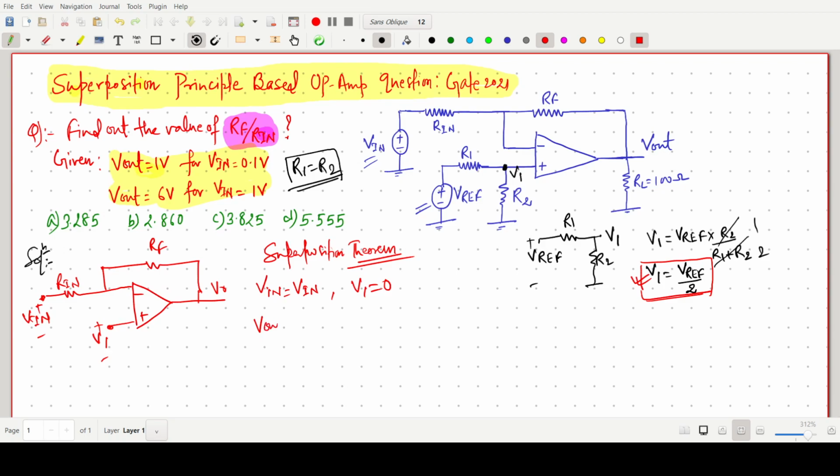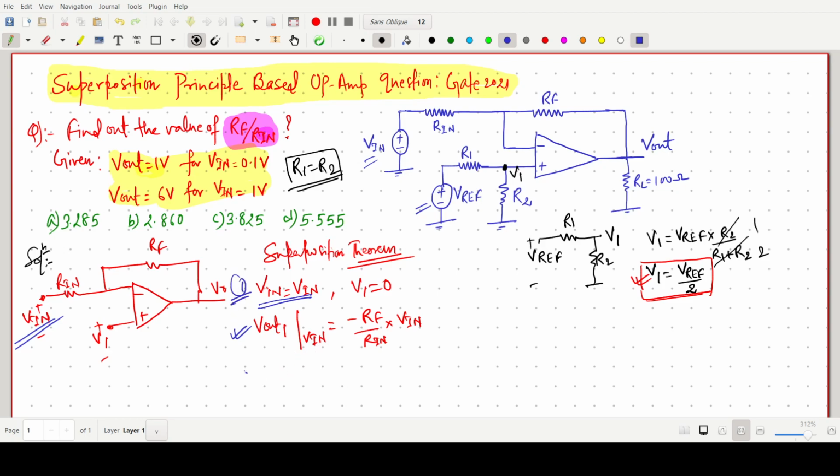The corresponding V output 1 due to input V in is minus RF by Rin into V in. So this is the first case in the superposition principle, due to V in.